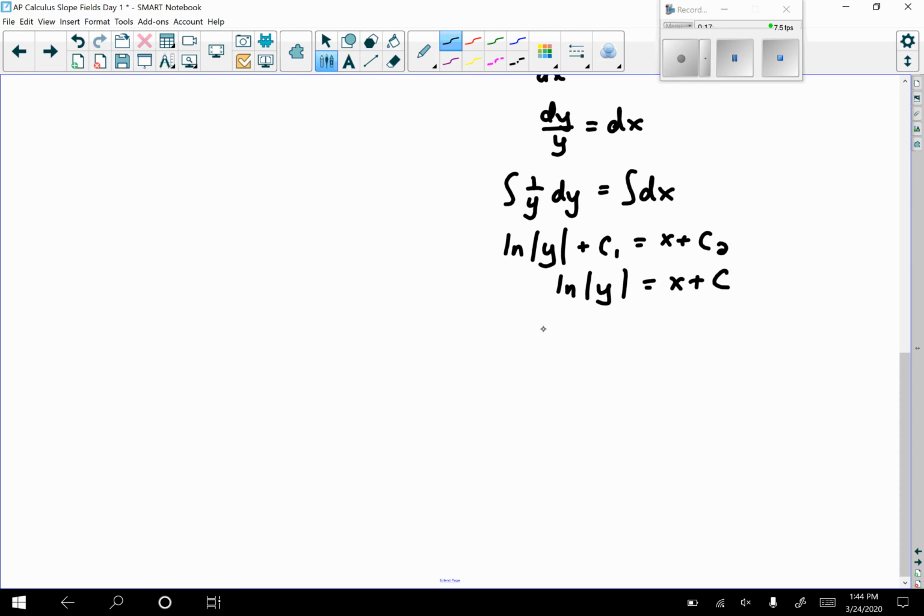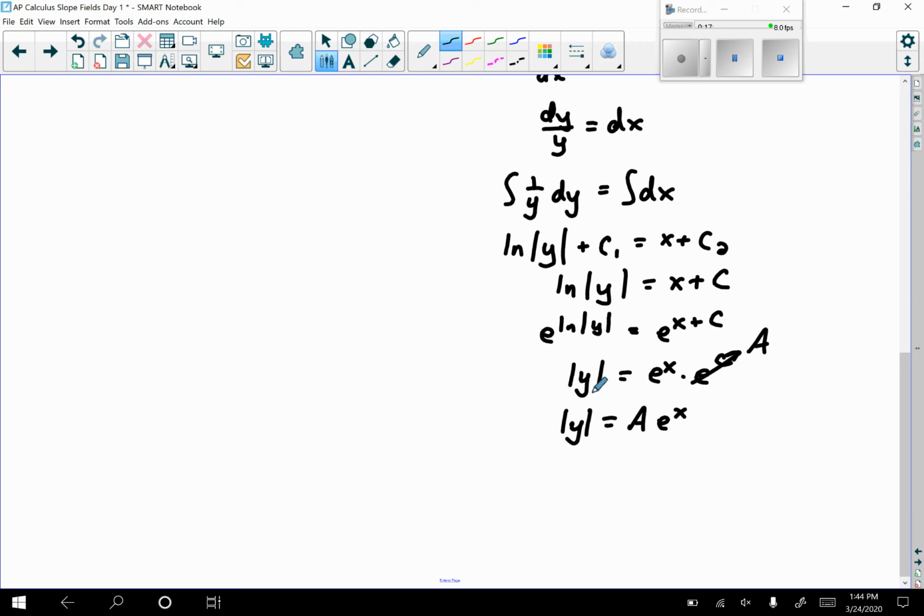But now we need to use a base of e on each side. And we've seen this plenty of times, so we're going to get the absolute value of y. This becomes e to the x times e to the c, and I'm just going to use this as a. So then the absolute value of y is going to equal a times e to the x.